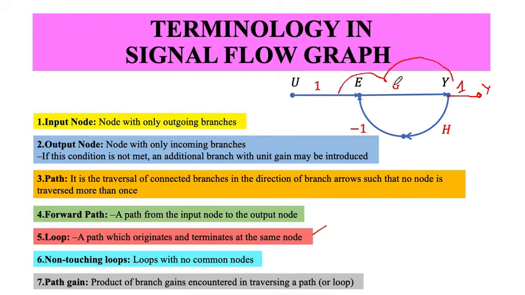Because 1 multiplied by G multiplied by 1 is G itself. But if I traverse along this path, the gain would be G into H into minus 1. So it will be minus GH.